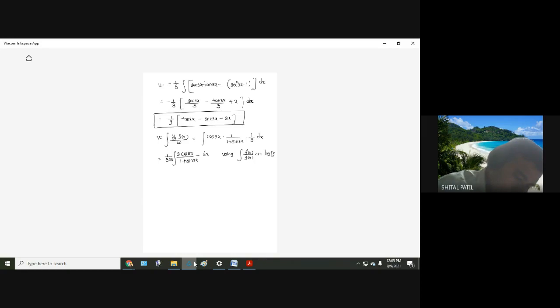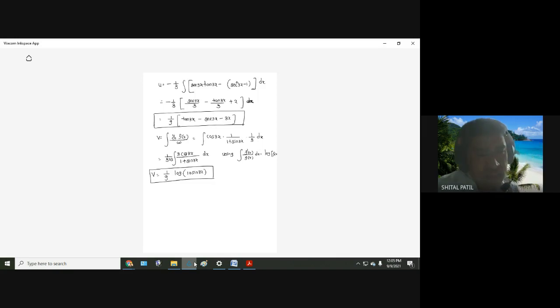Log of f of x. Please use that formula. So usually out of this u and v, if one of them is difficult, the other usually is simple. So these are u and v, okay? Then please write the particular integral. Please simplify that and then write the general solution.